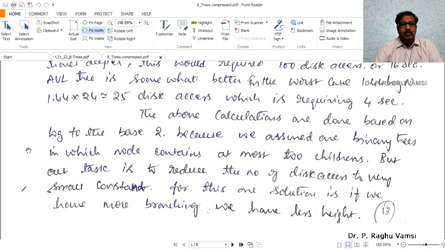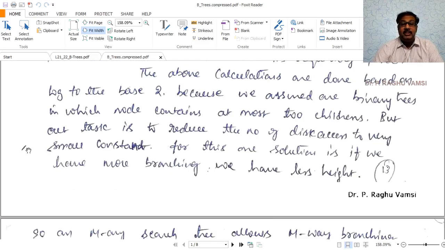But our task is to reduce the number of disk accesses to a very small constant value. One solution is to have more branching instead of only 2 children. If we have more branching, we have less height.